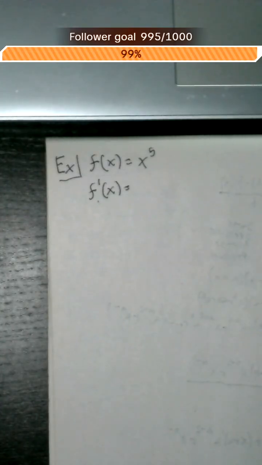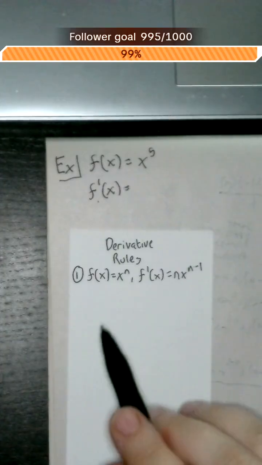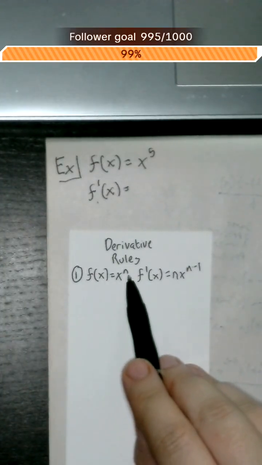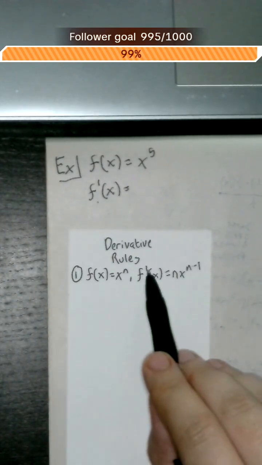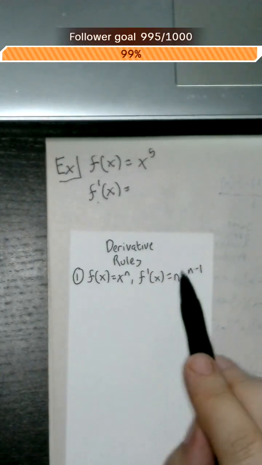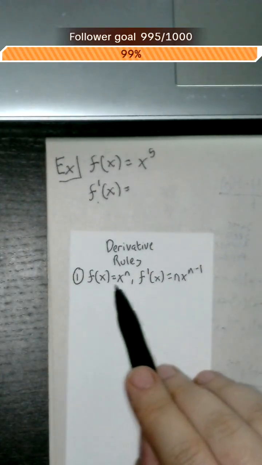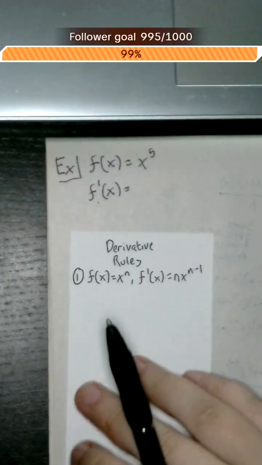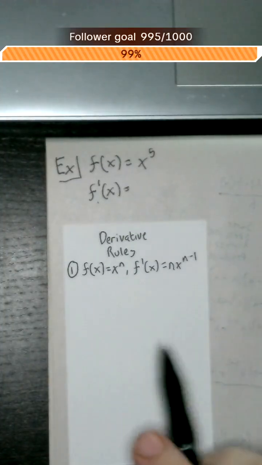What I'm going to do is apply the rule we just learned. If f of x equals x raised to a power, then f prime of x equals the exponent carried out front, and then subtract 1 from the exponent. That's right, Ty.